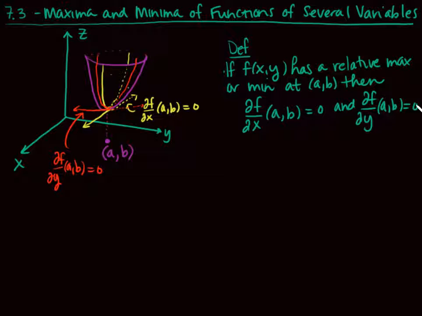That's good. We would hope that would be true, because that's true in 2 dimensions, right? The derivative is 0 at a maximum or at a minimum. So I hope that makes sense.